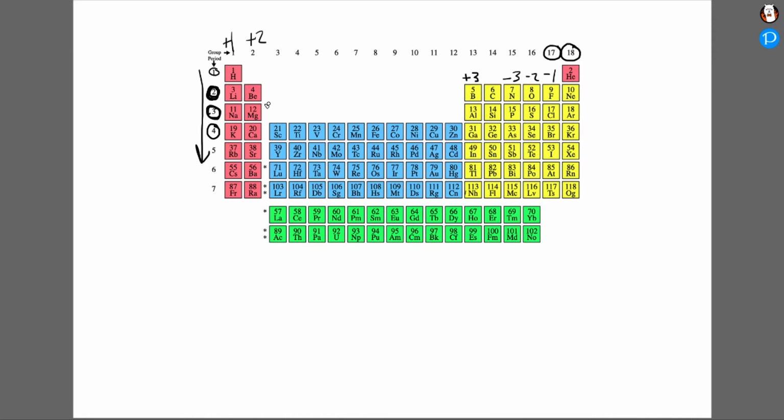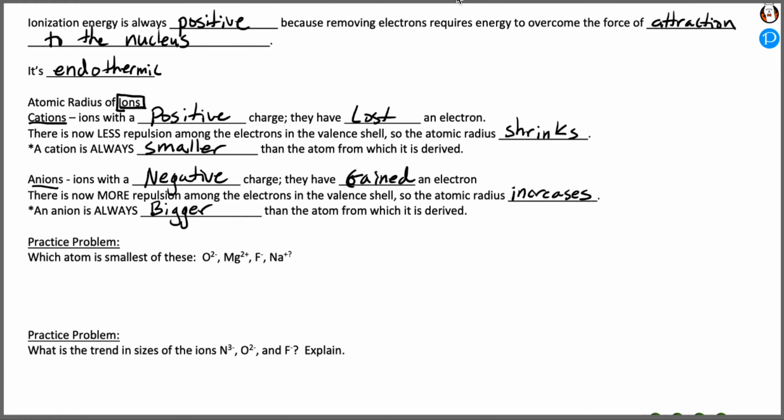And then what about Na plus? Here's Na. Plus 1 means it's lost an electron. So really it's just like neon as well. So all of these ions have the same number of valence electrons. We should point that out. They have the same number of electrons.